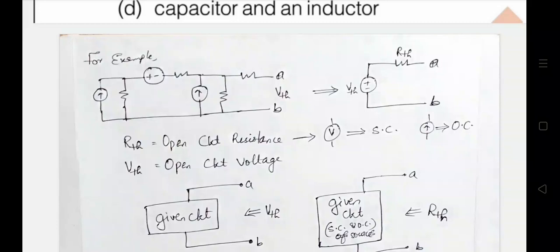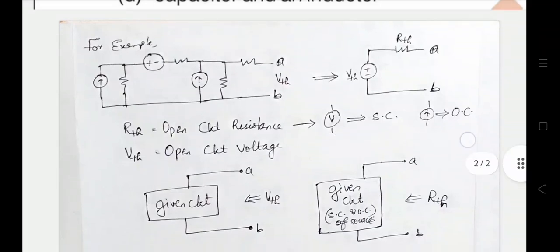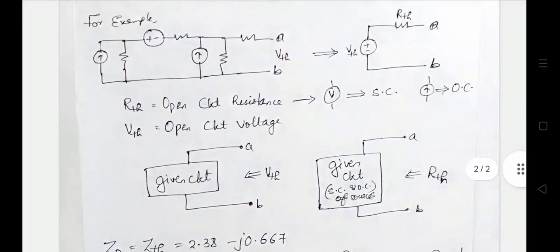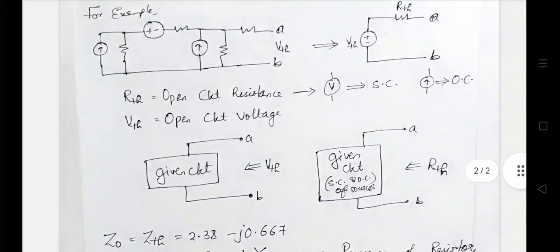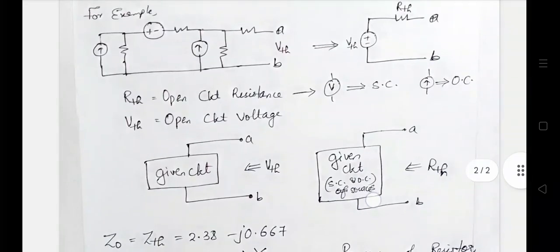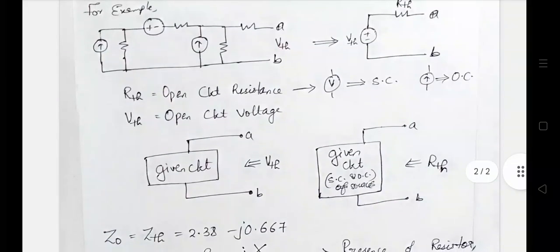While finding the Thevenin's resistance we have to consider all the voltage sources as short circuit and all the current sources as open circuit, keeping all the other resistances the same. With the current sources open circuited and the voltage sources short circuited, we can find the Thevenin's resistance.